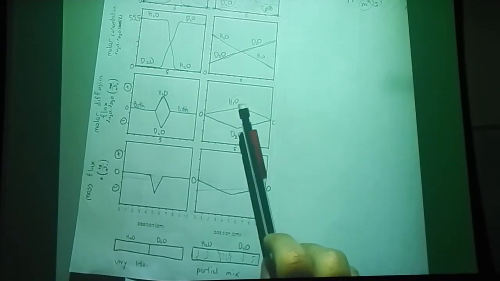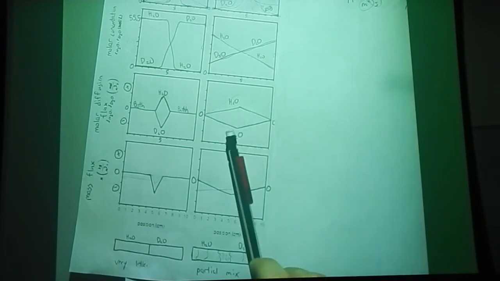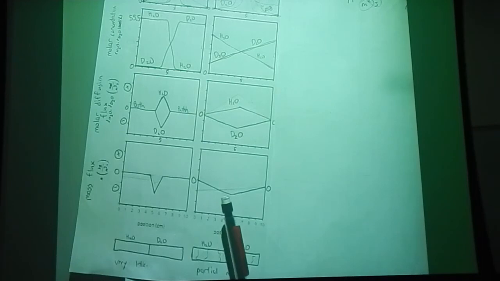And obviously, the molar diffusion flux for H2O is positive, the molar diffusion flux for D2O is negative. That's just because of the direction these two things are flowing. Then you look down here at mass flux, and you see there's mass flux in the middle, but it's negative because once again, mass is flowing from right to left. So we're going to label that as negative.